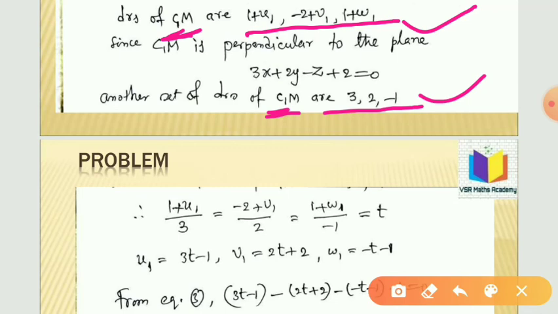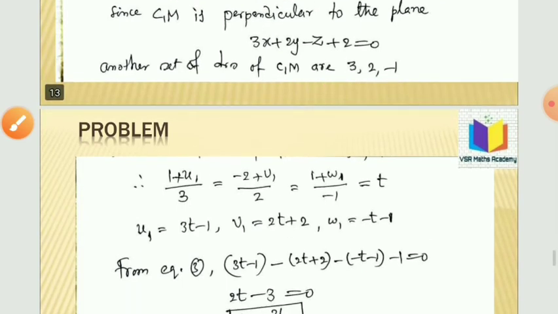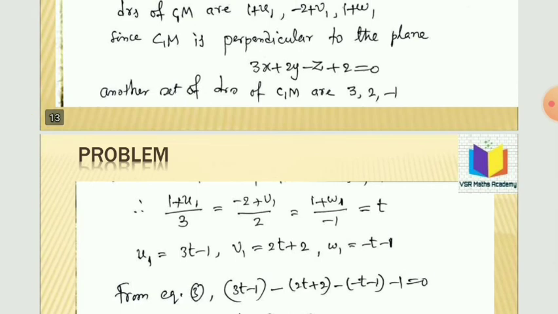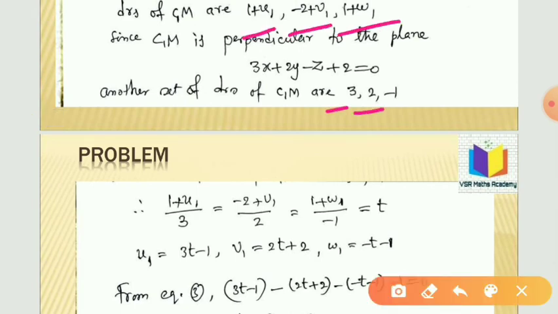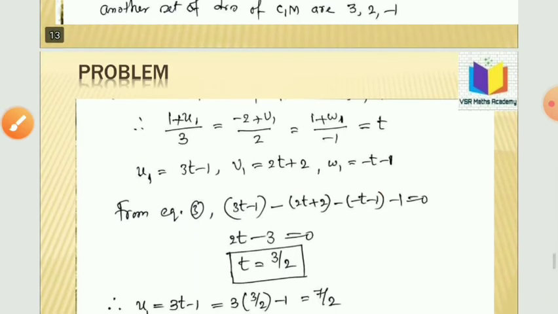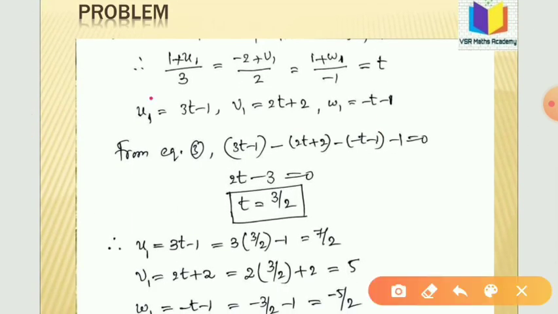Therefore we can write: 1 plus u1 by 3 is equal to minus 2 plus v1 by 2 is equal to 1 plus w1 by minus 1.